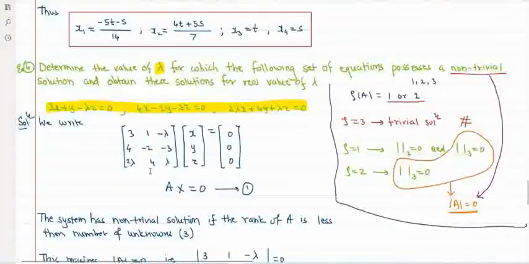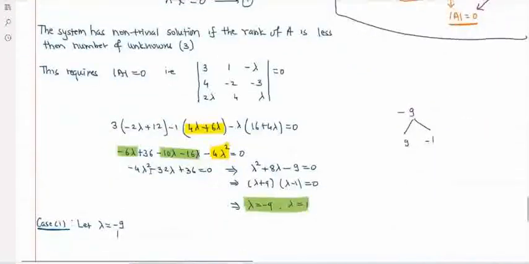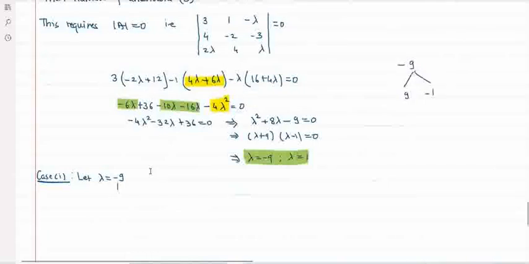Now from 1 the same system can be written as, now here instead of that I will write an augmented matrix. One step I will write and that you can simplify.